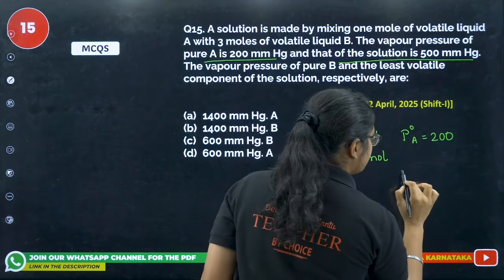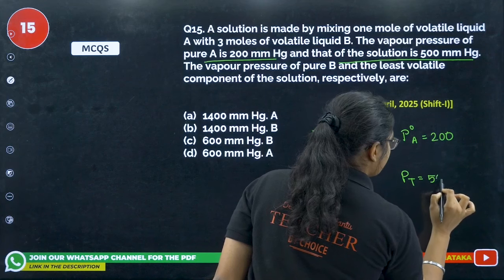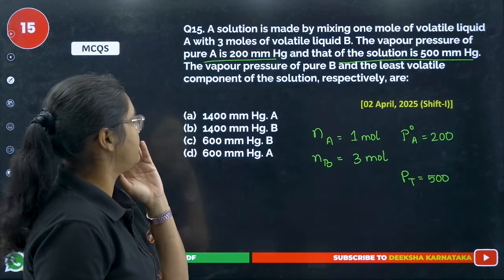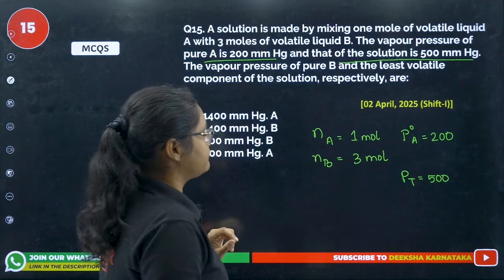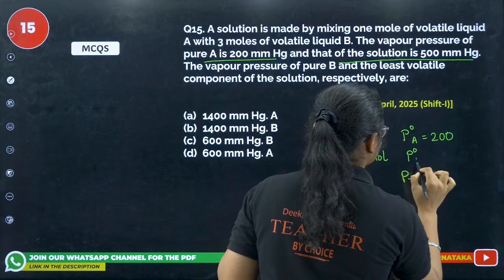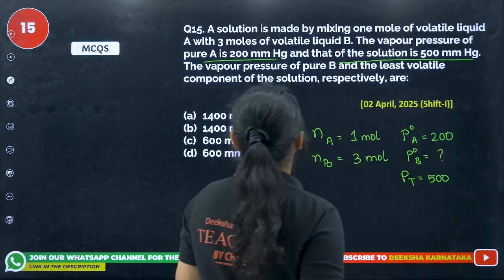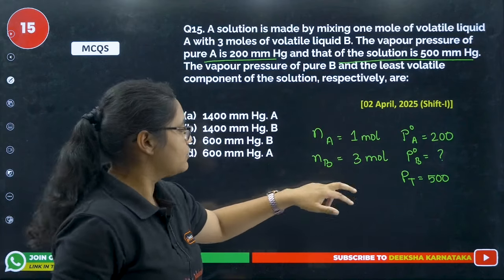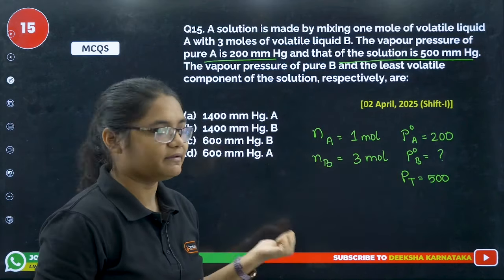I am not writing the units, mmHg you have to write. You have to find the vapor pressure of pure B and the least volatile component out of A and B.